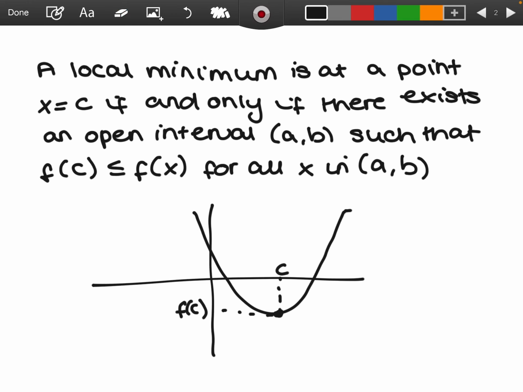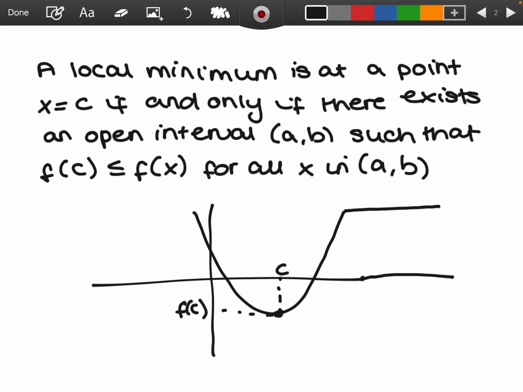If you ever have a constant portion of the graph, so let's say you had this graph but then there was a constant portion that carried on here, so you have this horizontal line. If you see this on a graph, then they are actually both maximums and minimums.